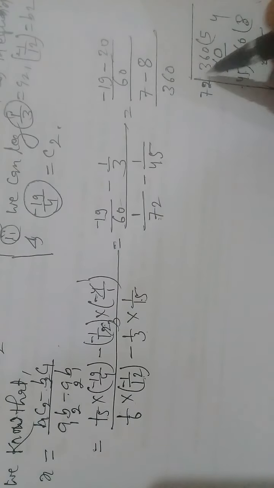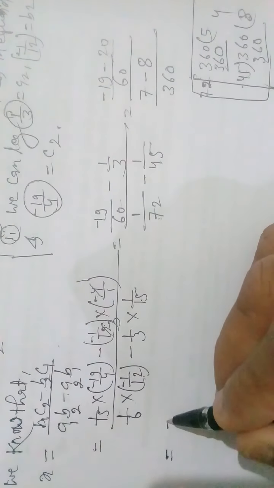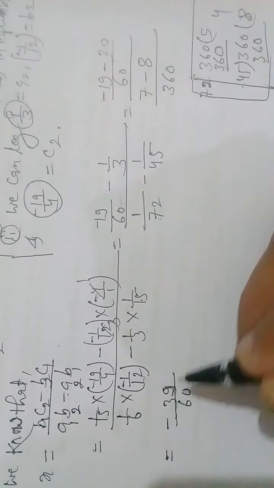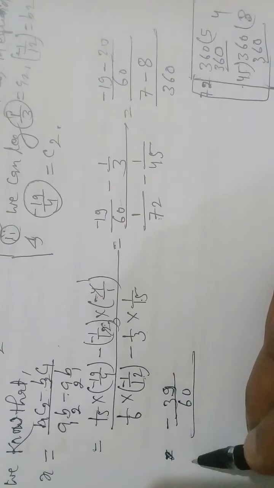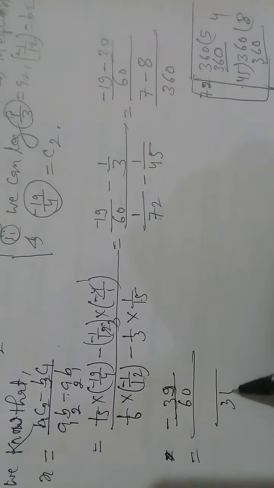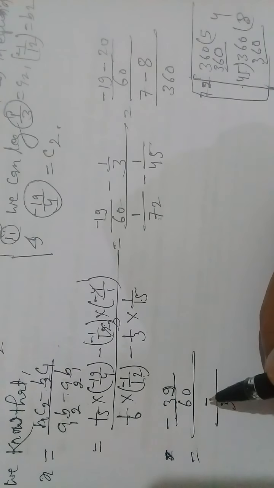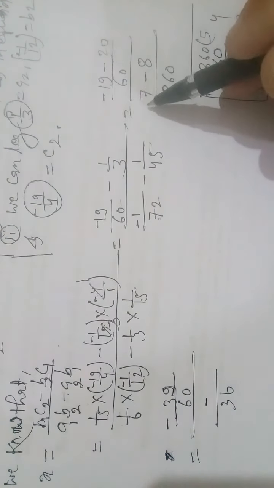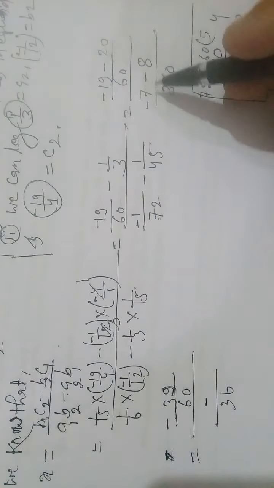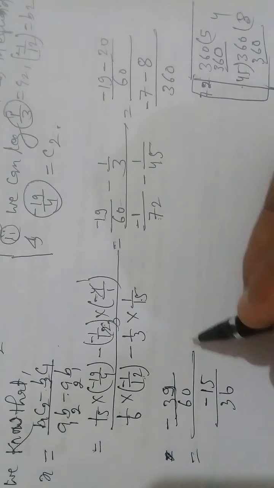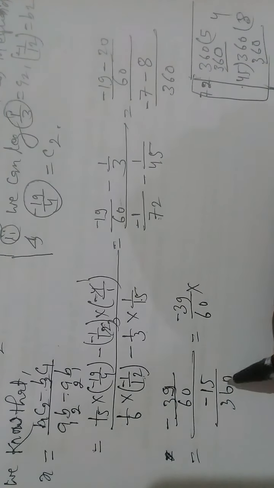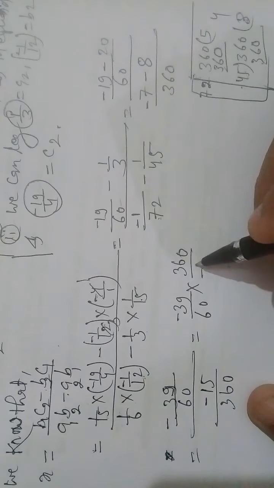In the next step we can write minus 39 by 60 over 360, minus 15, is equal to minus 39 by 60 into 360 by minus 15.